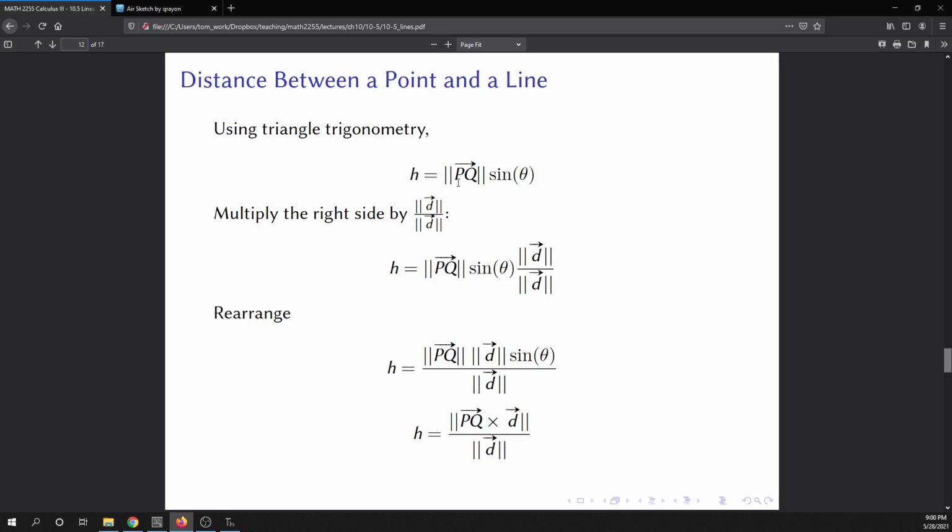We would get that it's equal to the magnitude of the vector from P to Q times the sine of the angle in between the vector from P to Q and the direction vector of the line.